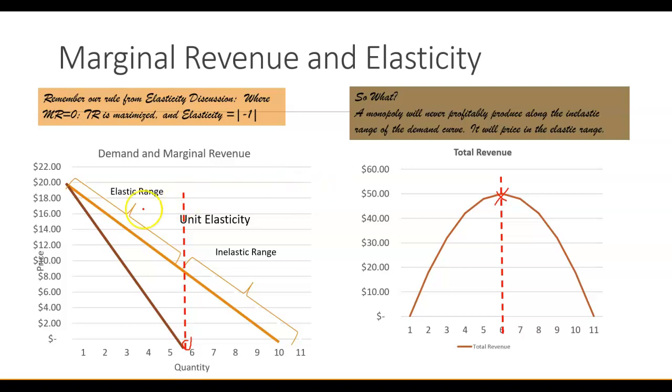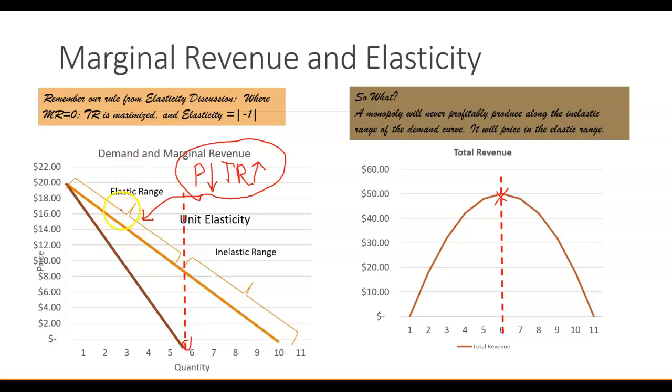Okay, but what pops out of this are some rules. Recall your total revenue rule. So for this company to maximize or to increase its total revenue in the elastic range, what does it have to do? Recall from the total revenue rule, chapter 6, if price goes down, total revenue does what? Total revenue goes up, when you are in the elastic range. As a business person, sometimes it's handy to know where you are on the demand curve.